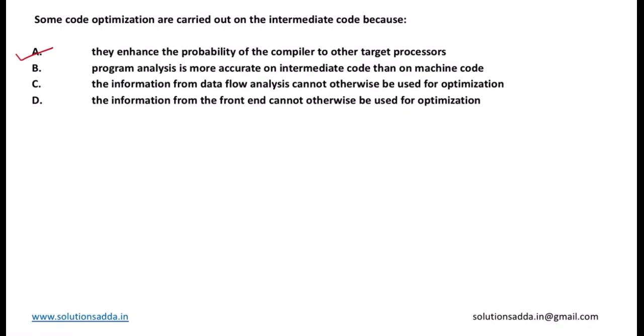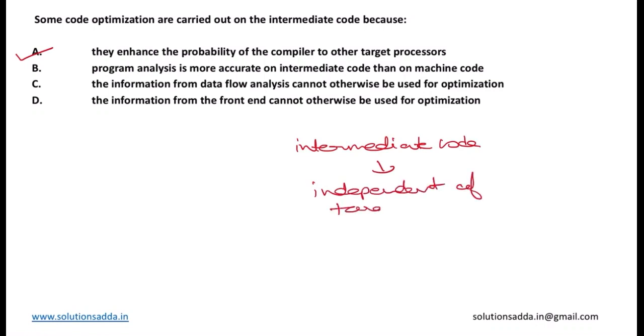The main reason behind this is the intermediate code is independent of target processors on which the code will be executed.